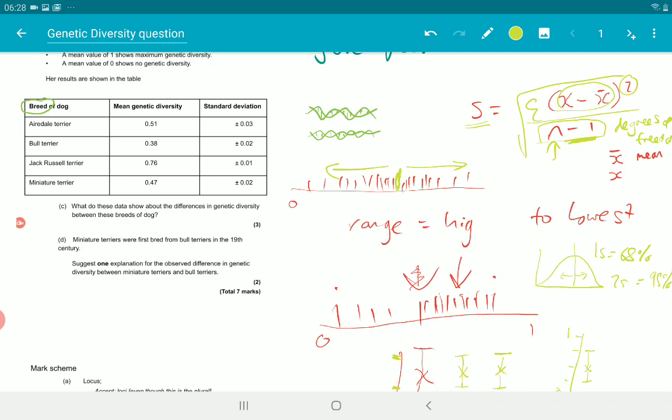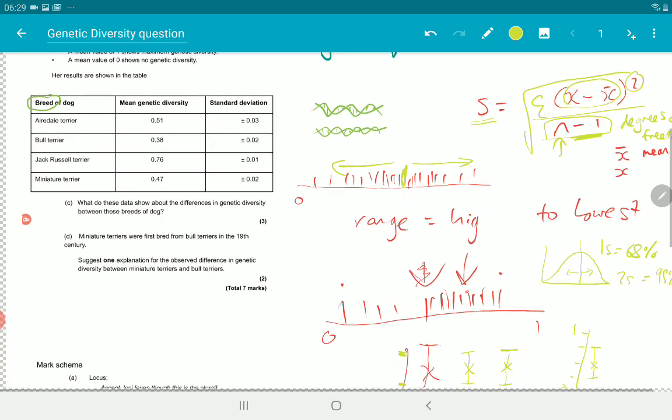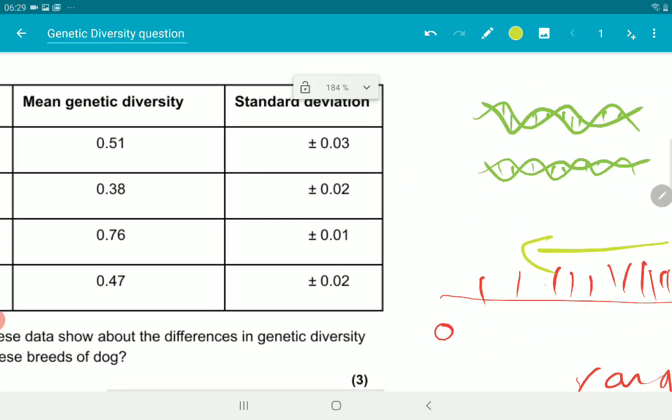Let's have a look at the standard deviation. So Airedale and Miniature Terrier look like the two that are the most similar. Airedale has a standard deviation of plus or minus 0.03. So that means we've got 0.54 if we add one standard deviation, and 0.48 if we take away one standard deviation.